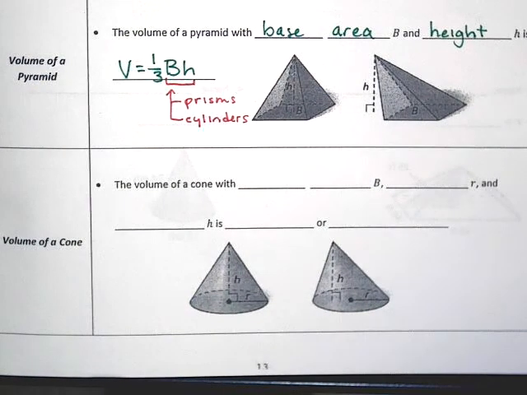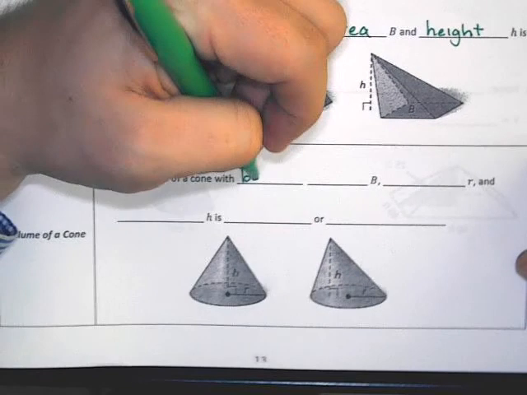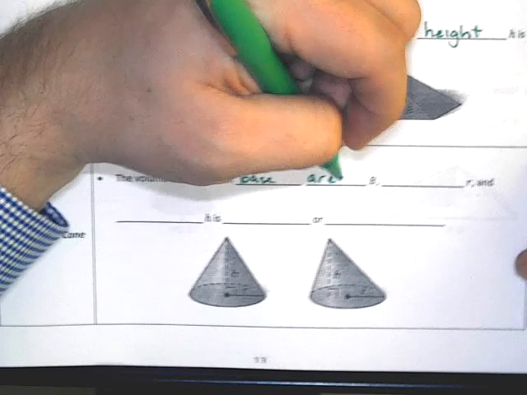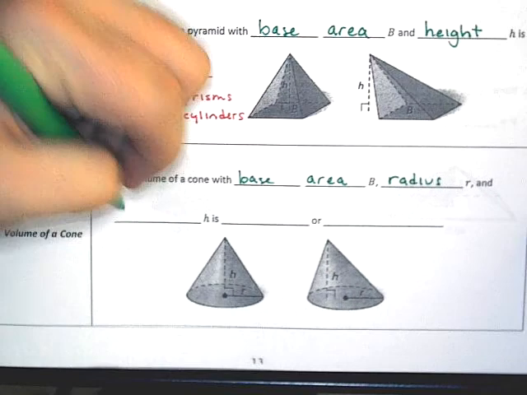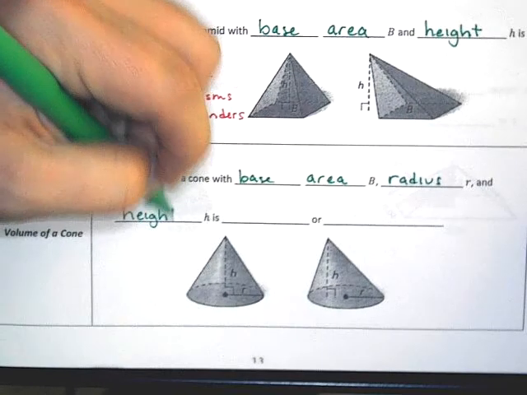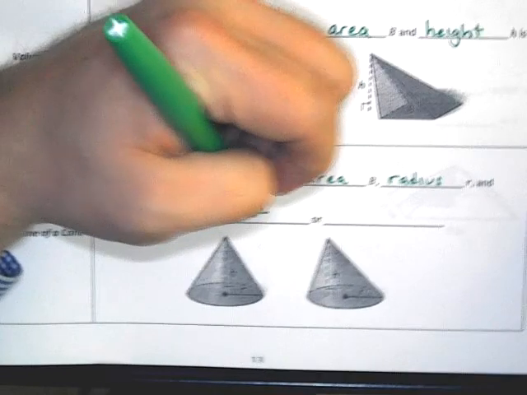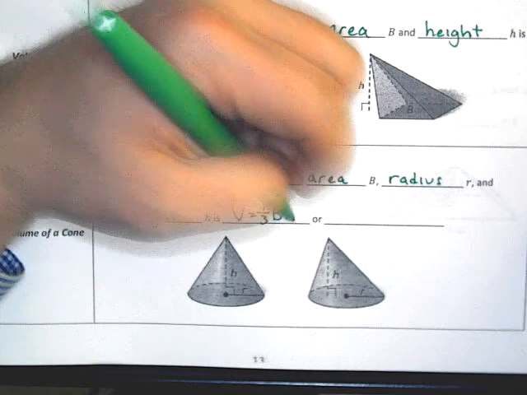Just like we did for a pyramid, we're going to do the same for a cone. The volume of a cone with base area, capital B, radius r, and height h is V equals 1/3 capital B h.